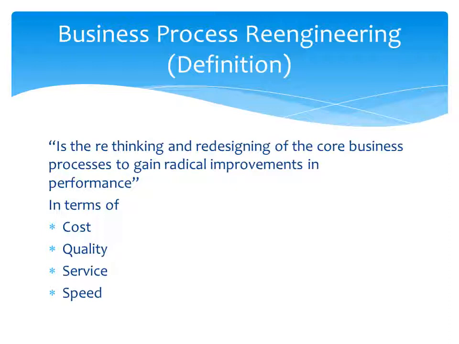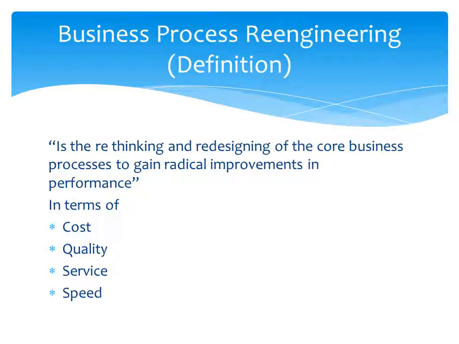The output is the product or the service which is given to the customers. When this product or service satisfies the customer, we get what is known as the profit, or you say the business is successful.